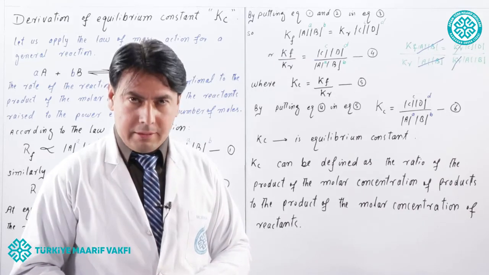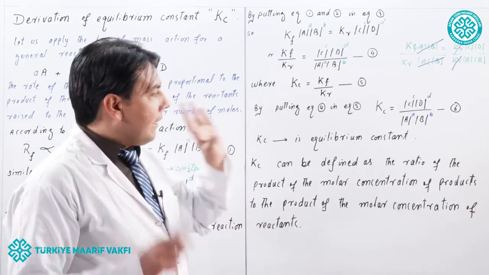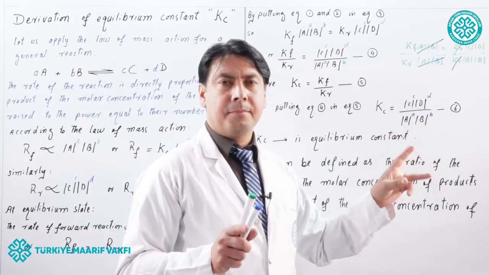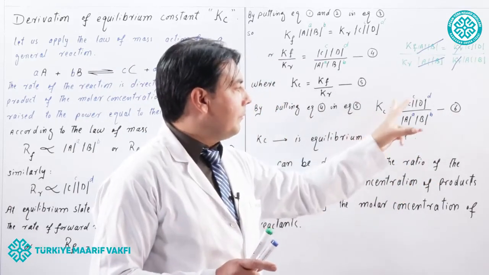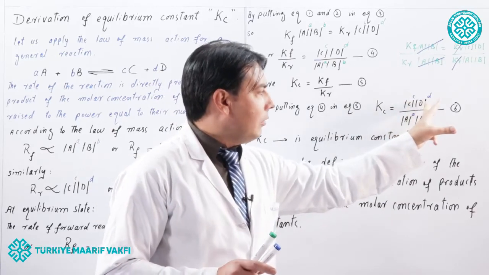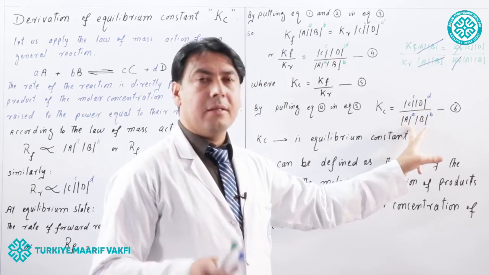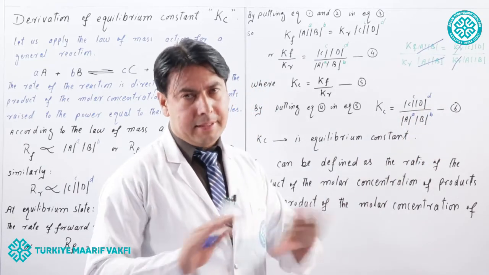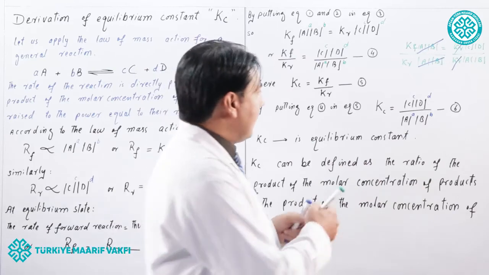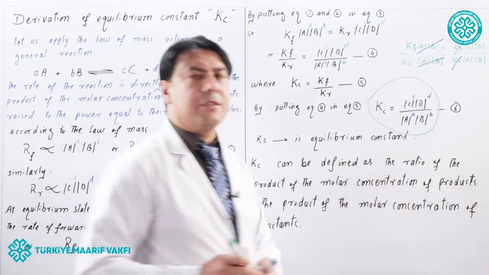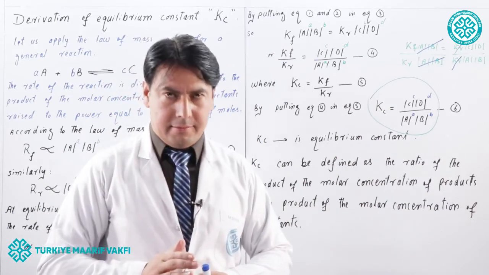Hence we proved in equation 6 that Kc is equal to the product of the molar concentrations of products to the product of molar concentrations of reactants. So this is the general expression for equilibrium constant Kc.